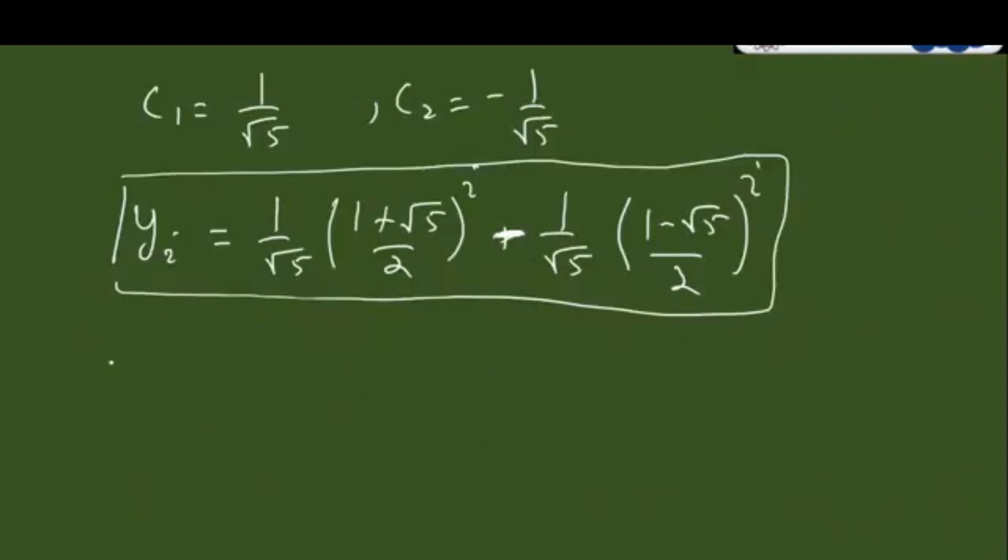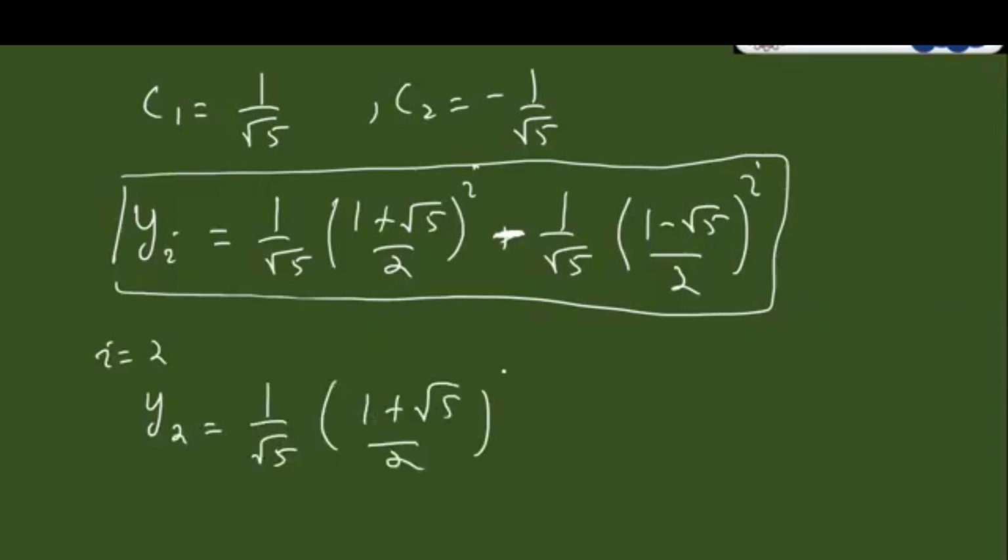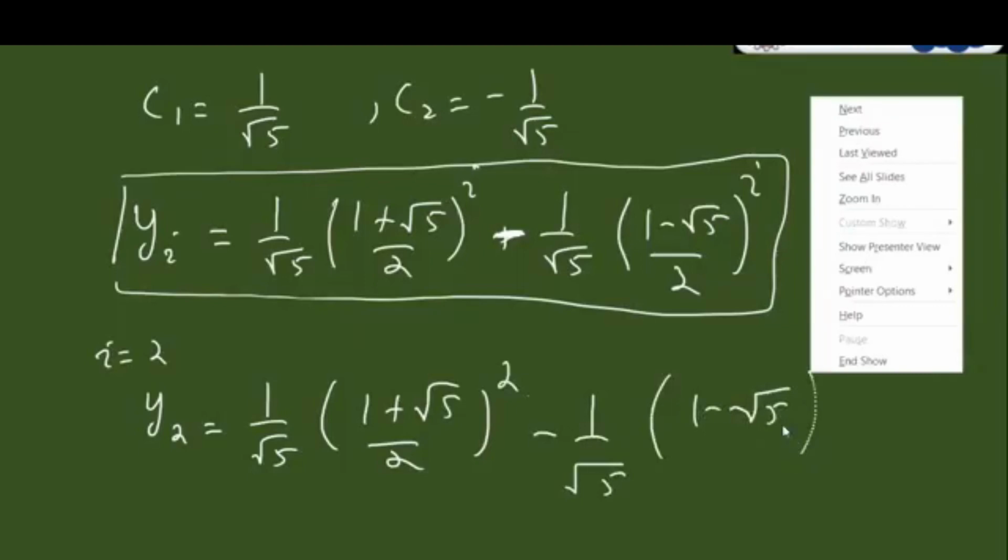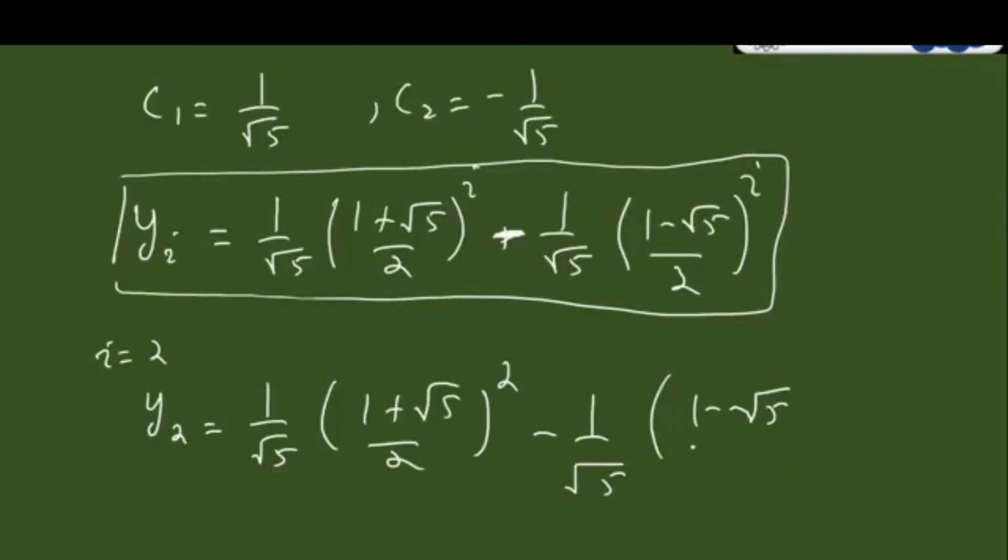So for example, if you want to verify, just replace i equal to 2. So y2 is equal to 1 over root 5 times 1 plus root 5 upon 2 whole power 2, minus 1 over root 5 times 1 minus root 5 upon 2 whole power 2.